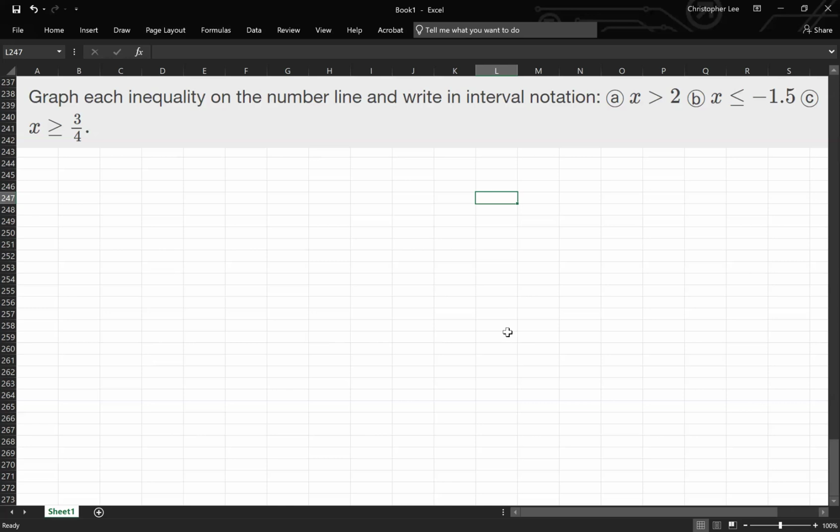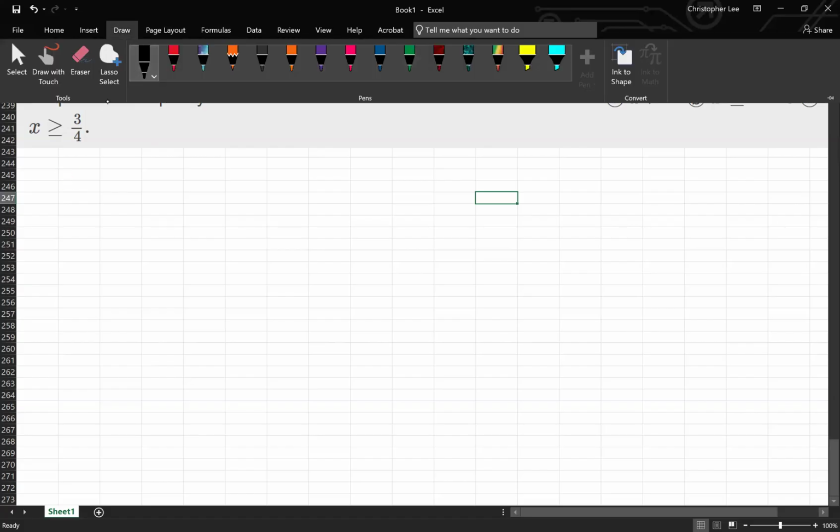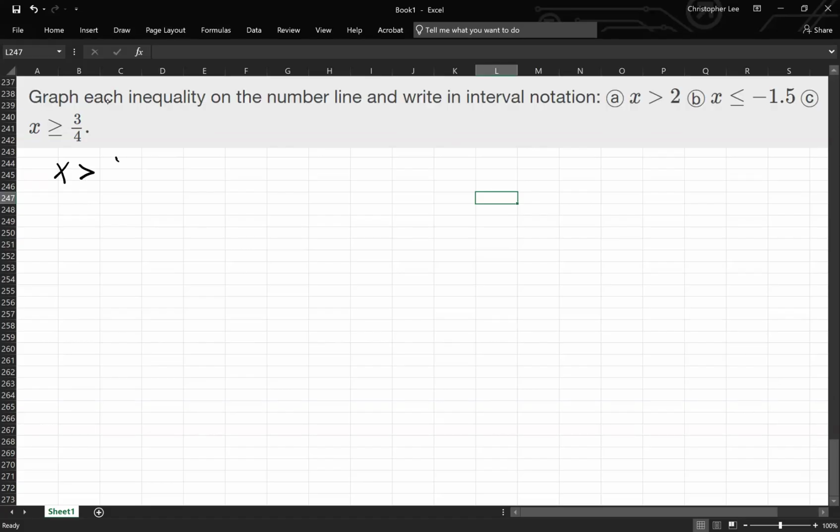I have x greater than 2, I'm going to start off with that. You know what? Wrong color. Give me one second. So I have x greater than 2. Okay, let's do that number line.